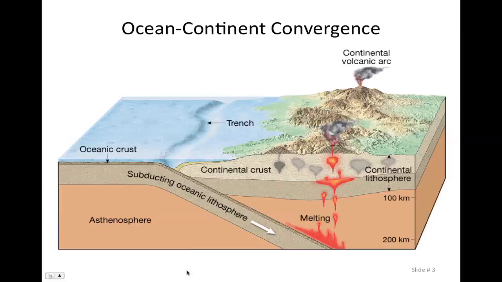So the reason for subduction has to always do with density difference, and the density difference in this combination has to do with the composition of the material. As we learned in an earlier lecture, continental crust is very felsic and also the least dense of all the materials, whereas oceanic crust is mafic and more dense.